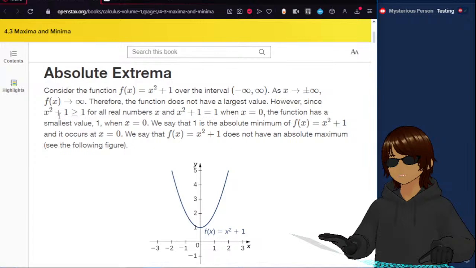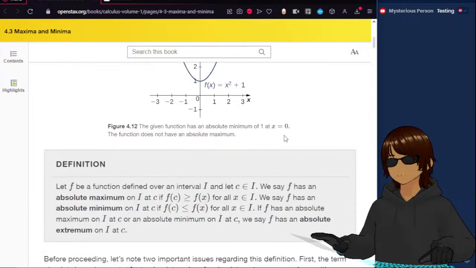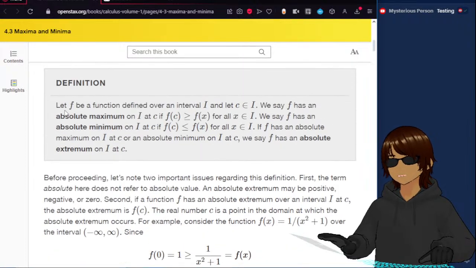However, since x squared plus 1 is greater than or equal to 1 for all real numbers x, and x squared plus 1 is equal to 1 when x is 0, the function has a smallest value, 1, when x is 0. We say that 1 is the absolute minimum of f of x is equal to x squared plus 1.